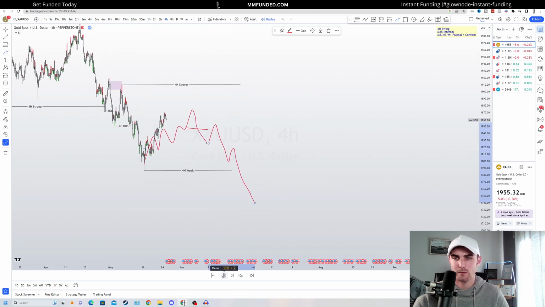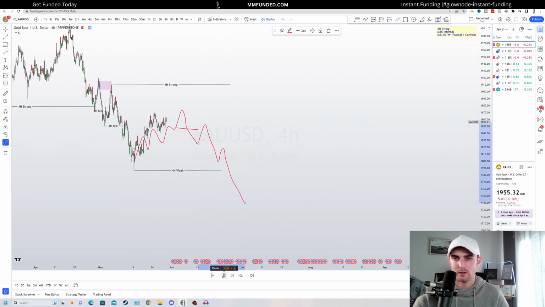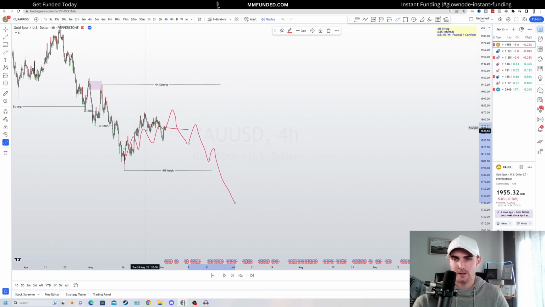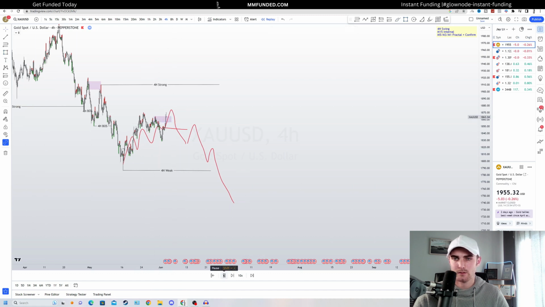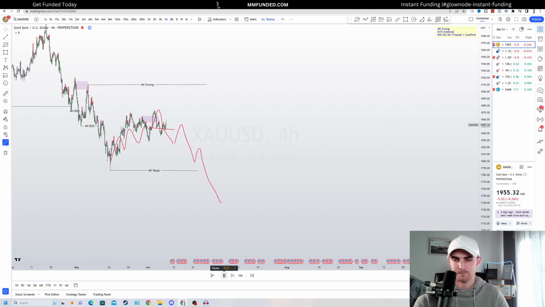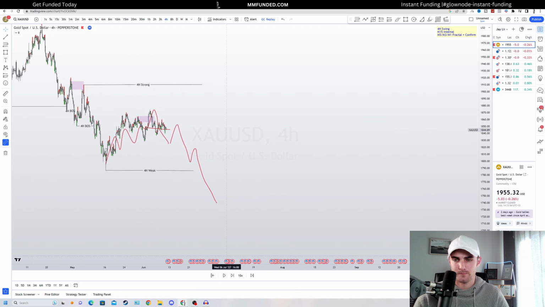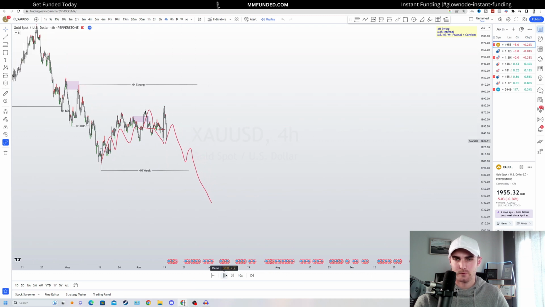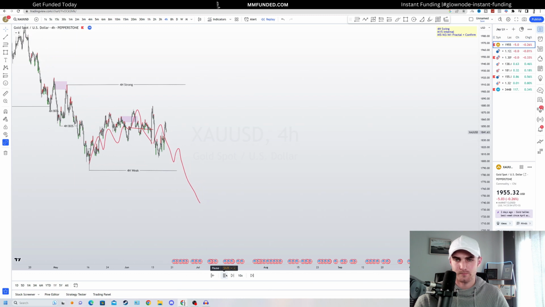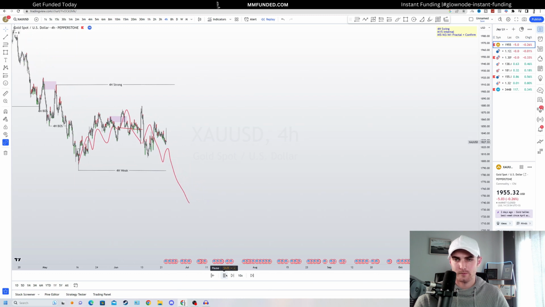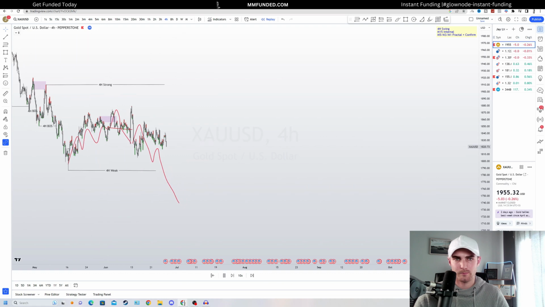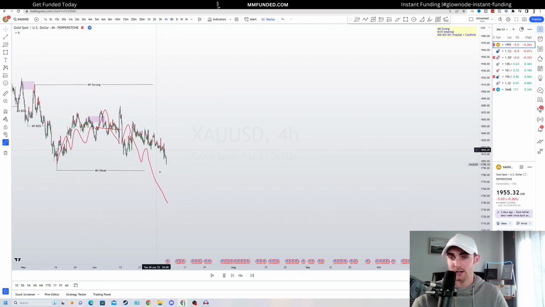There's that M15 pullback. All right, there's your M15 shift. So we can expect price to respect areas of supply. Price is now breaking structures to the downside internally.